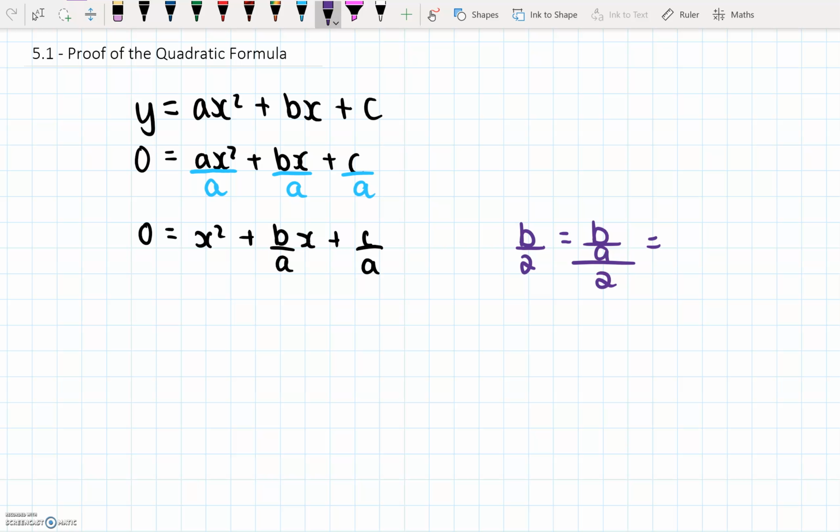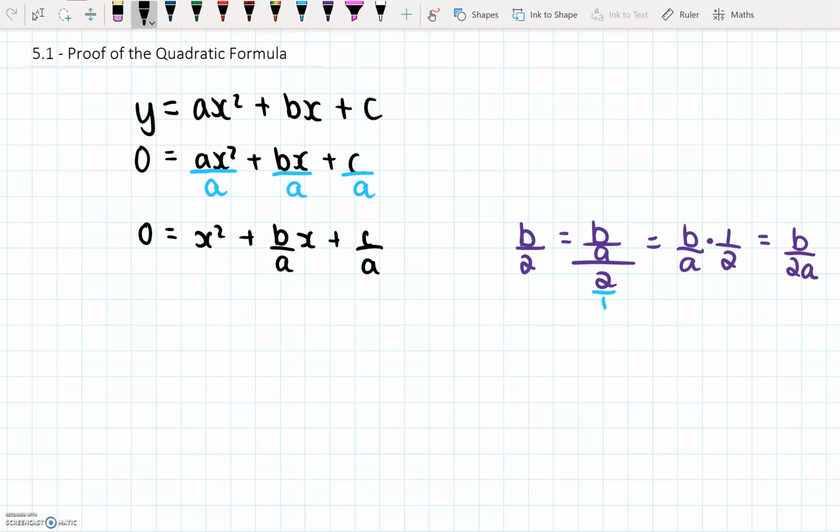All right, now using our rules, we know that that's the same as b over a, and we can make this 2 over 1. All right, so when we are dividing fractions, we flip the second one. So we're going to change 2 over 1 into 1 over 2, and we change it to multiply. Okay, so we're actually getting b over 2a. Okay, so this is our term that we're going to add and subtract.